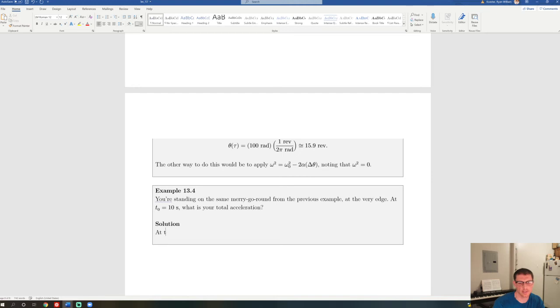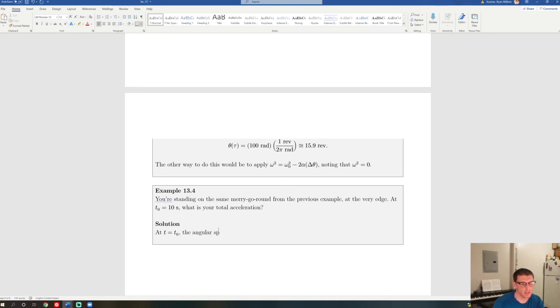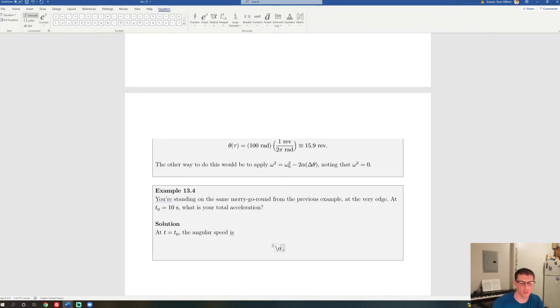So let's say at t equals t naught, the angular speed is, and we're going to use the angular kinematics equations again, so omega of t naught equals omega naught minus alpha t naught. I think I might have said tau instead of t, but I wrote the correct thing here, so that's hopefully okay.